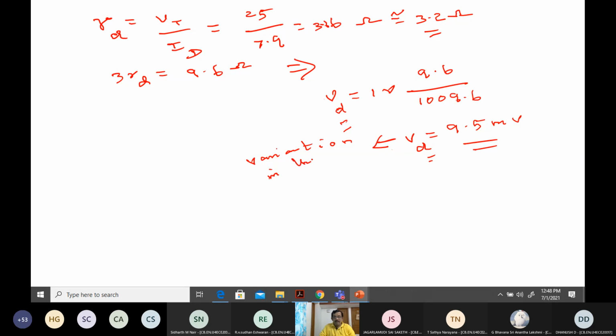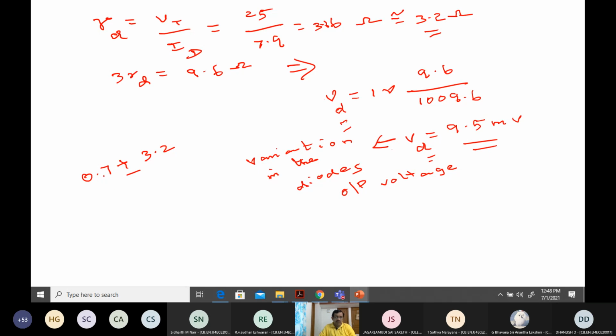This is the variation in the diode output voltage; this will be the swing. That means I will get 0.7 plus minus roughly about 3.2 millivolt. Why? Because this is the variation across the 3 diodes, for which we used 3 RD, so across one diode it will be 3.2.